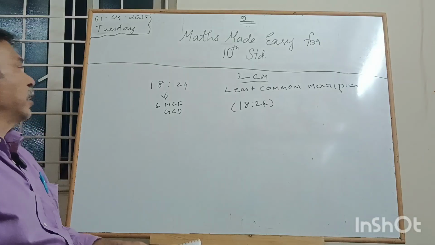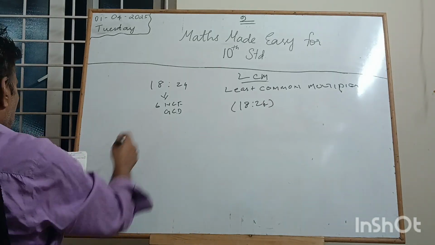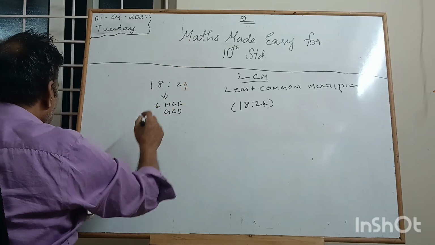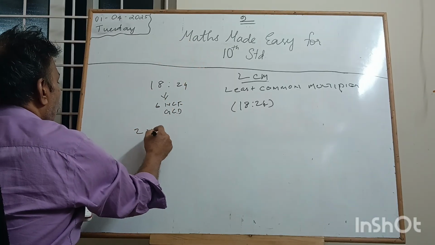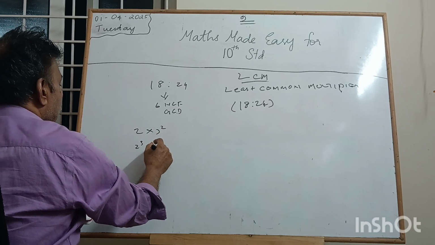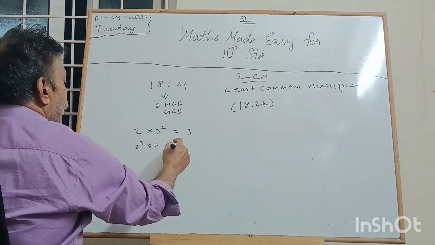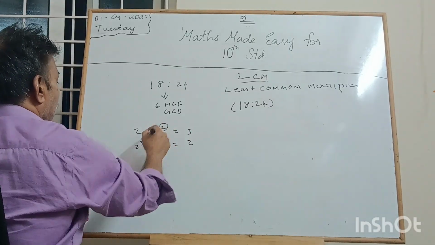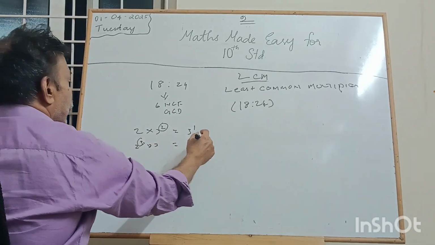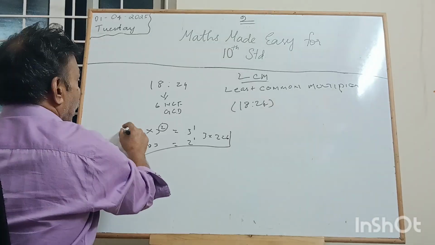Yesterday I told you how to find it. Taking the least power, 3 has least power 1 and 2 has least power 1, so 3 into 2 is 6. This is how we arrived at the HCF.